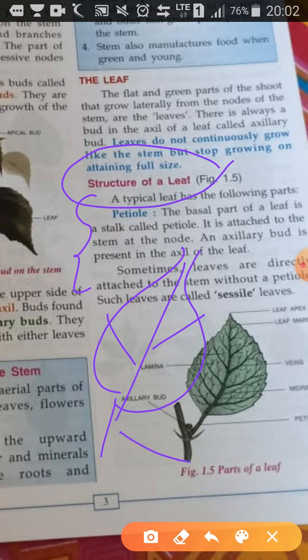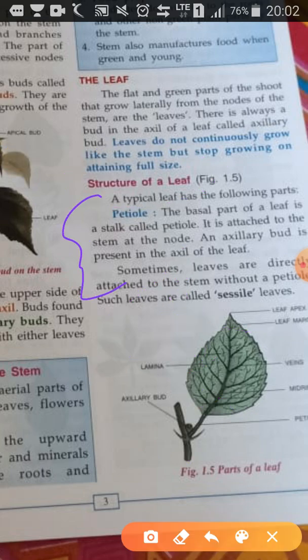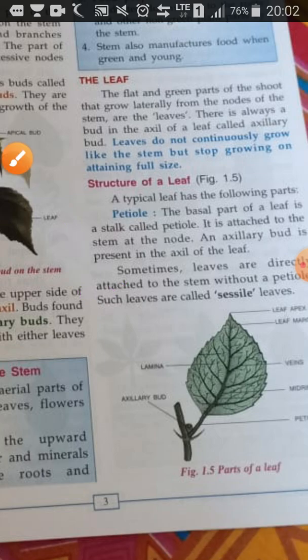For example, this one is a different part, this portion is a different part, this line in between is a different part. We will study all these parts in detail. So what is this petiole? I'll send you the definitions and answers later on. Right now I'll just make you understand what these things are.